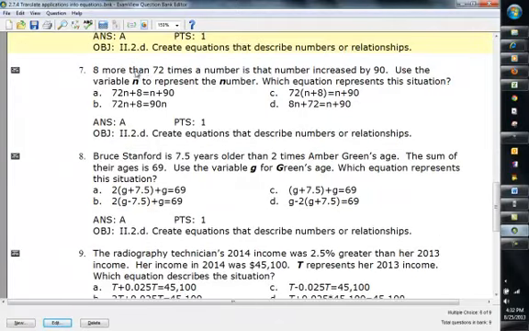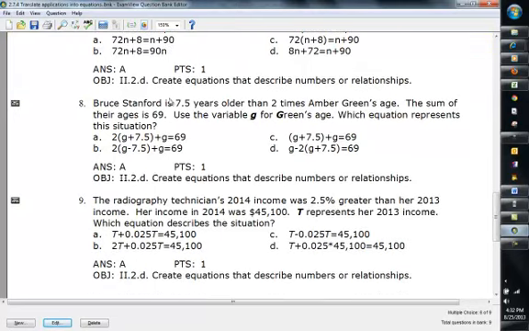8 more than, so that's going to go at the end, 72n plus 8 is that number, n, increased by plus 90. Next one, Bruce Stanford is 7.5 years older than 2 times Amber Green's age. The sum of their ages is 69. Use the variable G for Green's age.